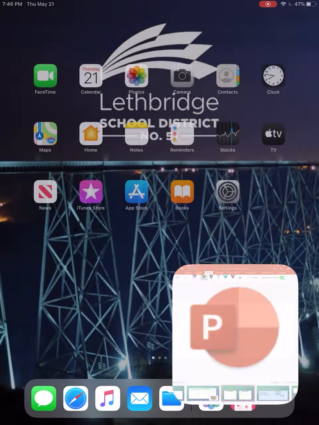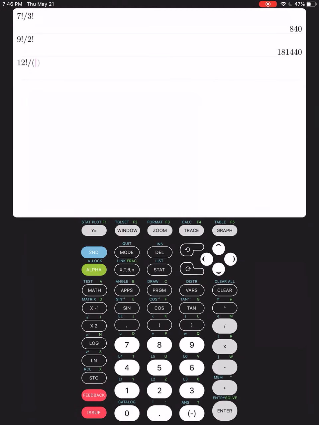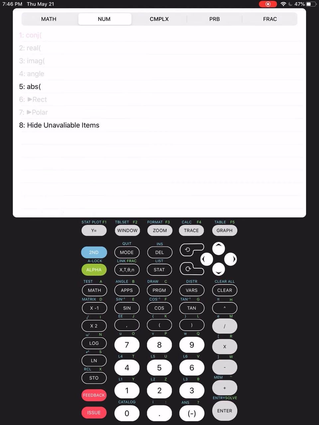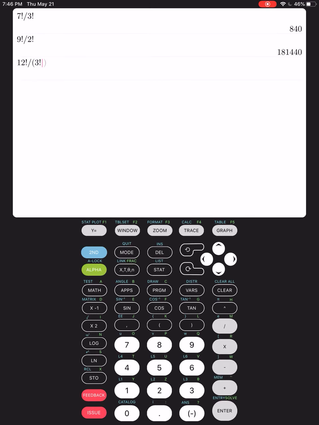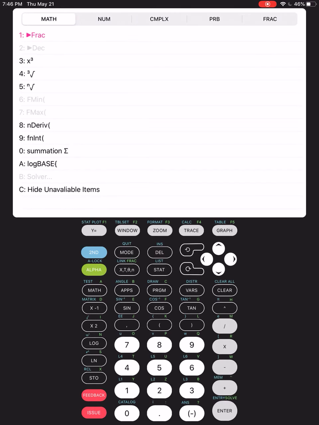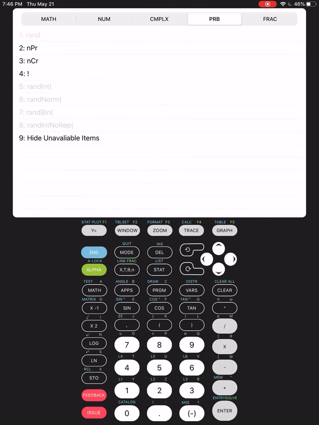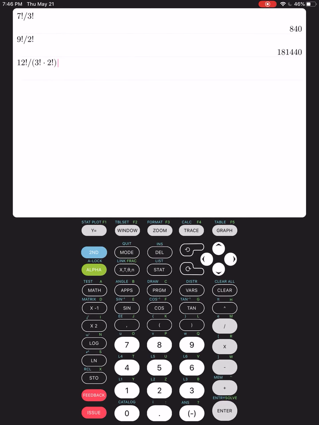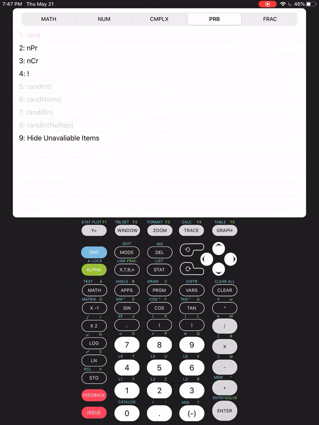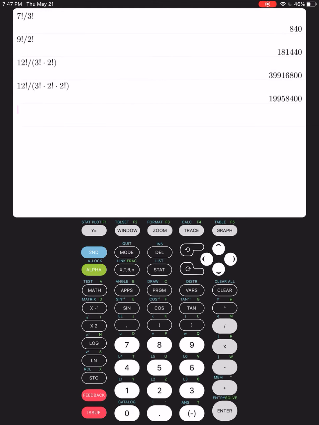Yeah. 3 factorial and times 2 factorial. Okay, and then I end up with a pretty big answer there. Oh, I'm missing a 2 though. Oh dear, I'm going to have to rewrite that. Still going to end up with a pretty big answer, but not quite as big.